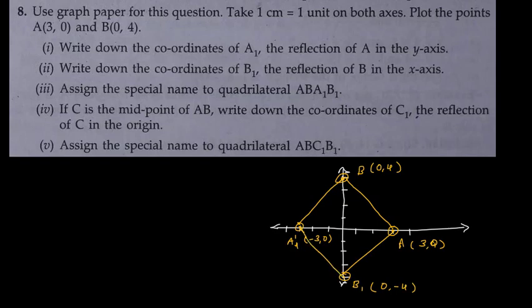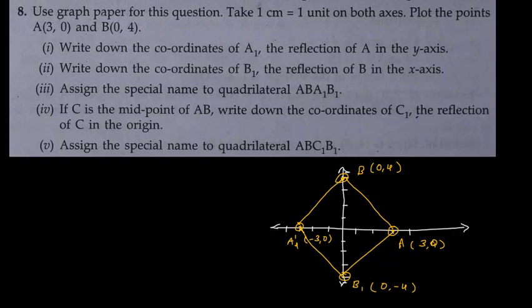And what can you say about this quadrilateral A, B, A1, B1? Okay, think. One thing I can say is that this length AB and this length A1B1 are going to be the same.